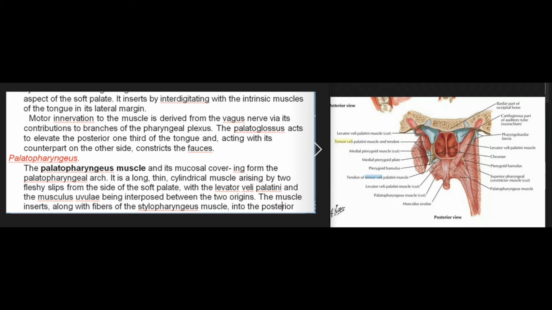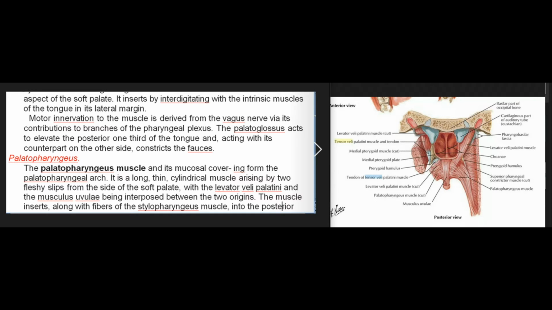Motor innervation to the muscle is derived from the vagus nerve via its contributions to branches of the pharyngeal plexus. The palatoglossus acts to elevate the posterior one-third of the tongue and, acting with its counterpart on the other side, constricts the fauces.